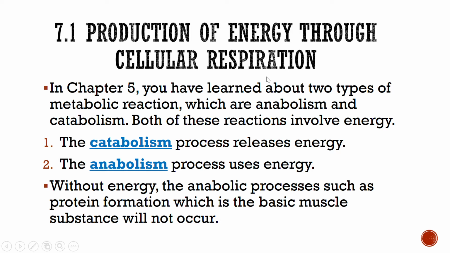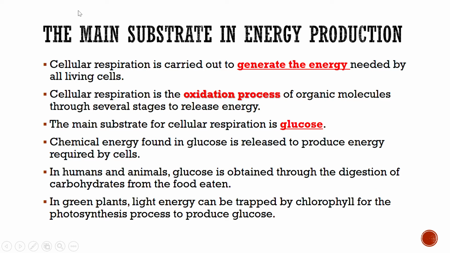So the main substrate in energy production, that means the main substrate in cellular respiration, is what? That is glucose. I'm sure you are familiar with the term respiration. Respiration requires glucose. Cellular respiration is carried out to generate energy needed by all living cells.